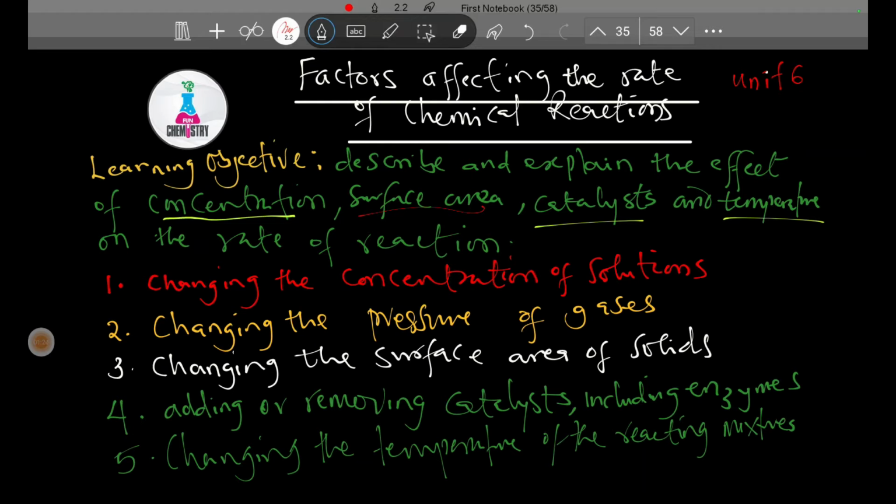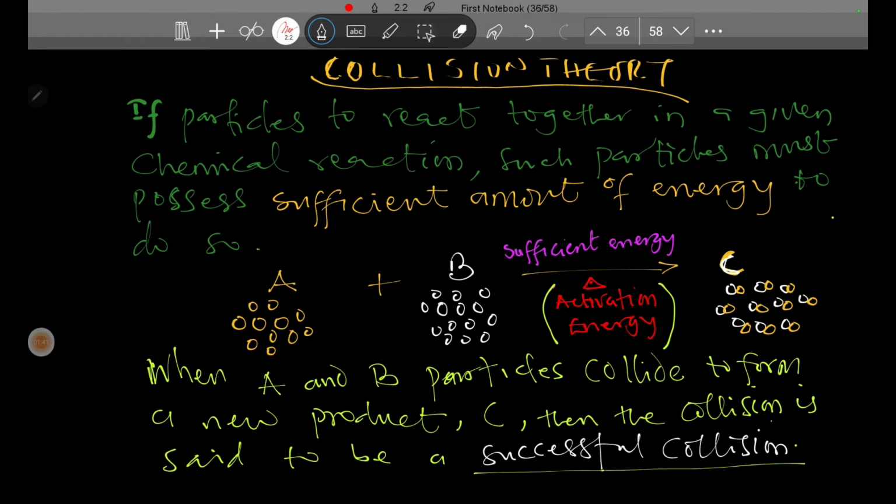But before we go in depth into factors affecting rate of chemical reaction, there is a theory we need to quickly understand, or quickly master, and that is collision theory.